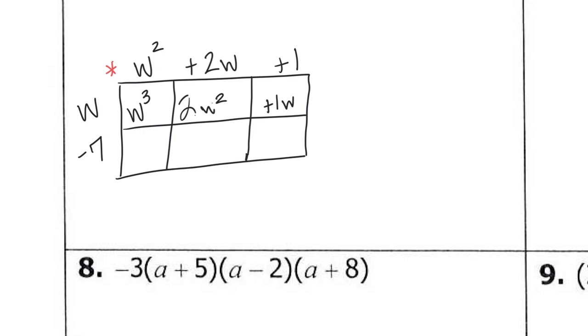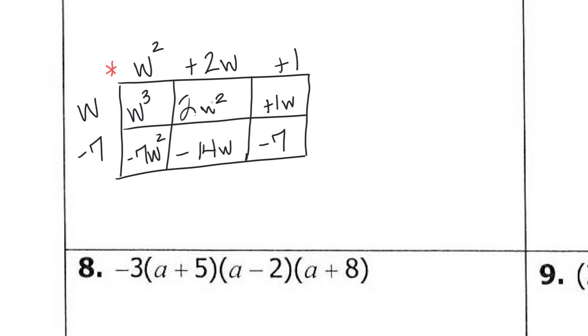And I do the same thing for the bottom row. Negative 7 and w squared gives me negative 7w squared. Negative 7 and 2w give me negative 14w. And negative 7 times a positive 1 gives me a negative 7.